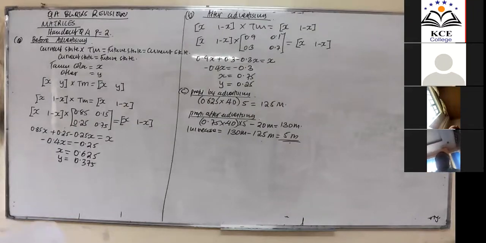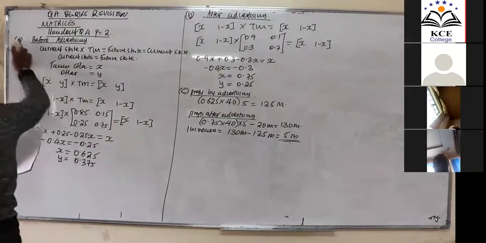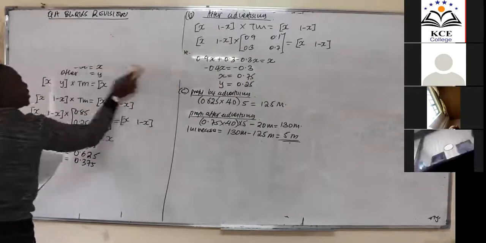So I think now you're somewhere with the matrices. So now we can look at 1 or 2 questions on probabilities.